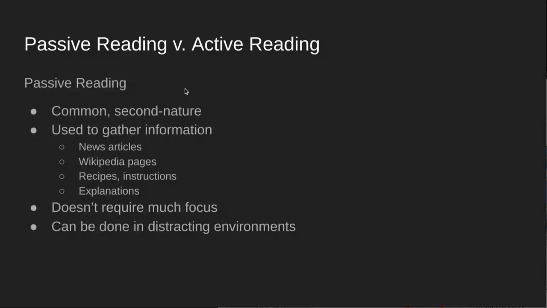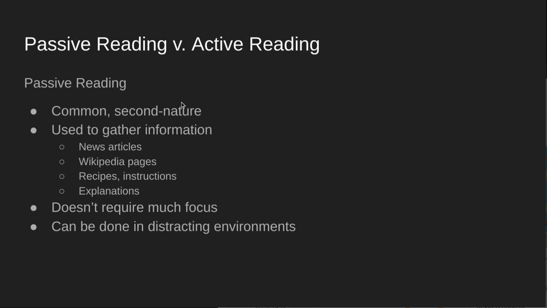So active reading is different from passive reading. Now, passive reading we do all the time. We do it on a day-to-day basis, and we do it without thinking. It's second nature to us. And passive reading doesn't require much from us. We don't need to do much in order for it to happen. We do it all the time.